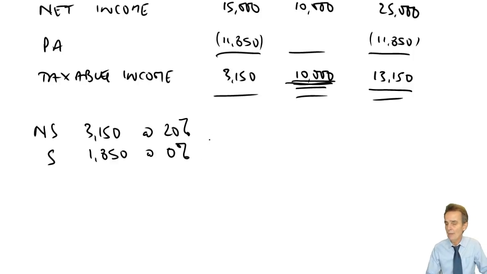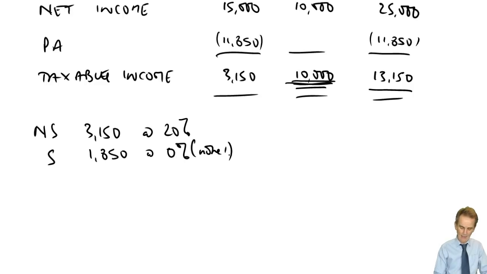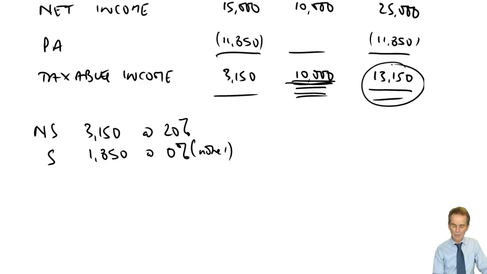Now, if this is a written question, you can then put a little note there to that effect as to why it is at 0%, because it's benefiting from that 0% starting rate. That's taxed just 1,850 out of 10,000. Again, and very obviously based on that total, the taxpayer is a basic rate taxpayer.